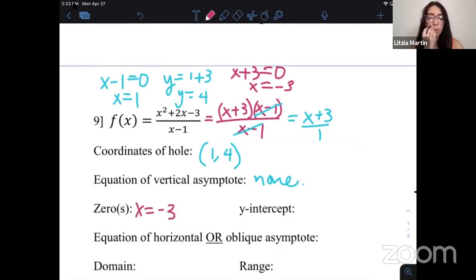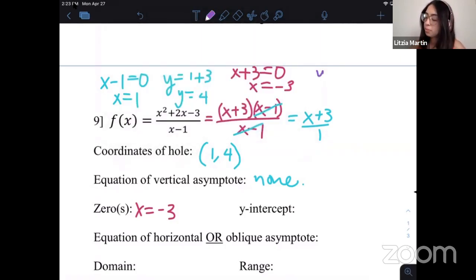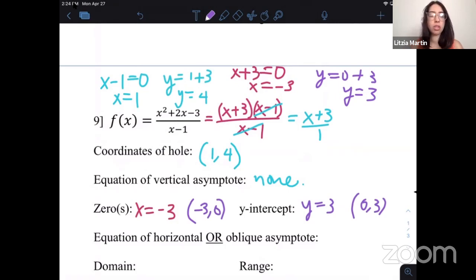And it could have the y-intercept. All we have to do is plug in 0 for x. And so y is equal to 3. And then we can write both of those as points. So this would be 0, 3, and this would be -3, 0. So there's the intercepts.